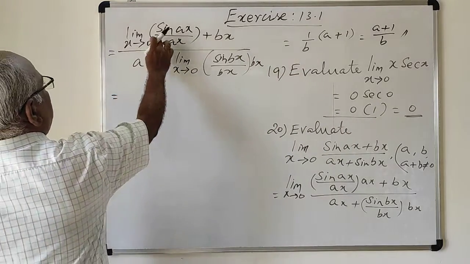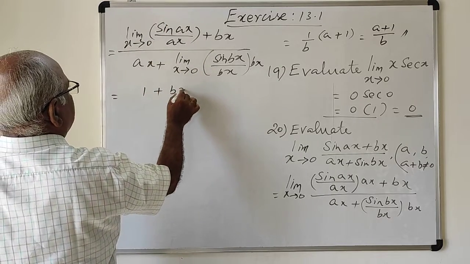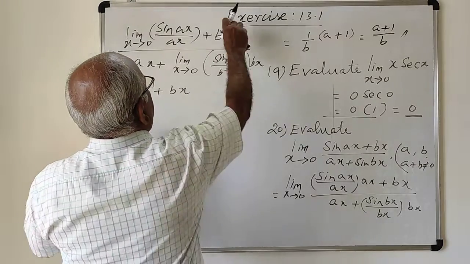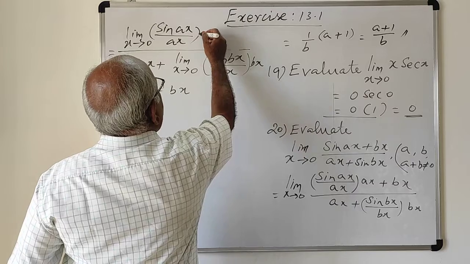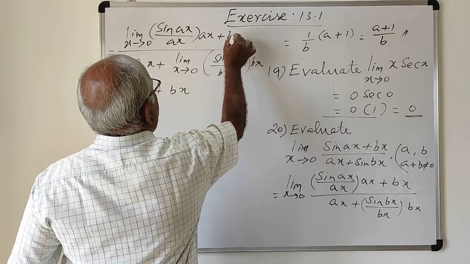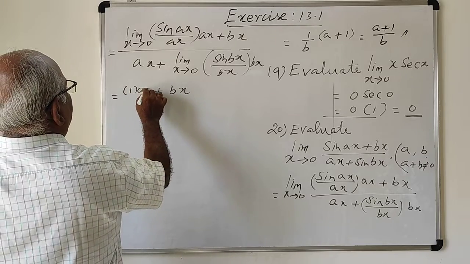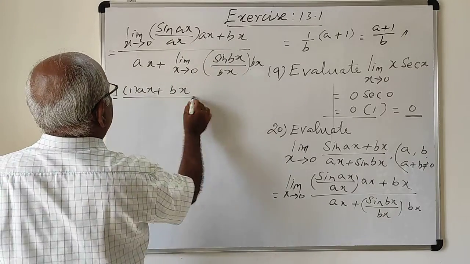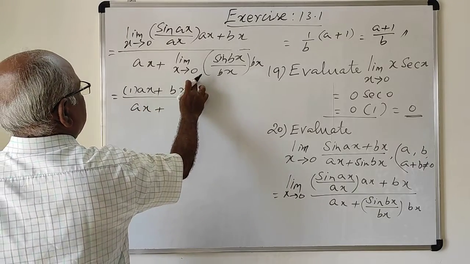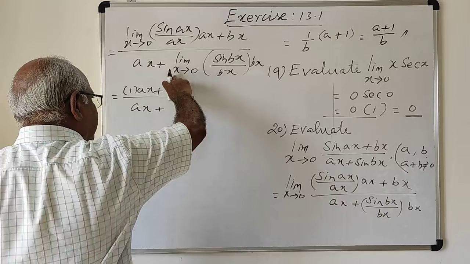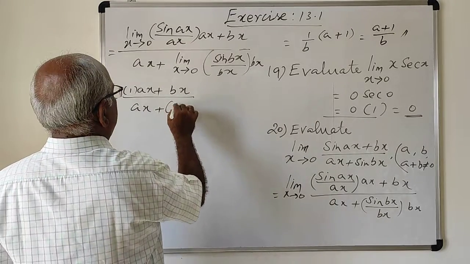So this is equal to limit sin ax by ax tends to 1, plus bx. In the numerator also you multiply by ax, so this is ax plus bx, so 1 into (ax plus bx). Similarly, in the denominator, ax plus limit sin bx by bx, which is 1, into bx.